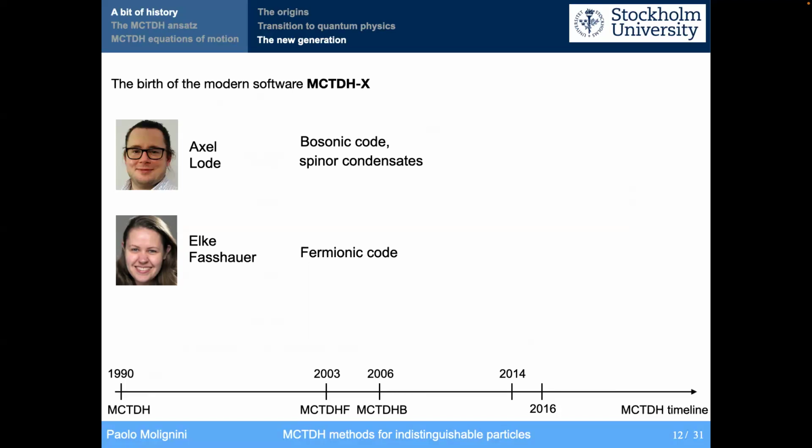Right now, what we are doing is adding full spinful fermions to the code. So right now, it's really a very generic, very overarching code that can describe a lot of different types of systems. So this was the birth of what we know today as the MCTDH-X software.